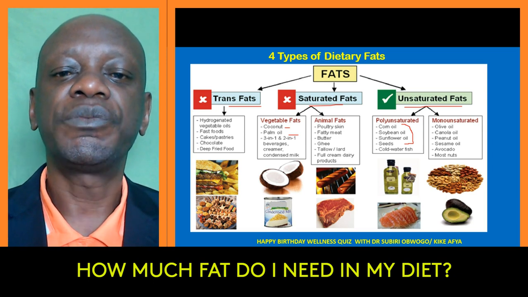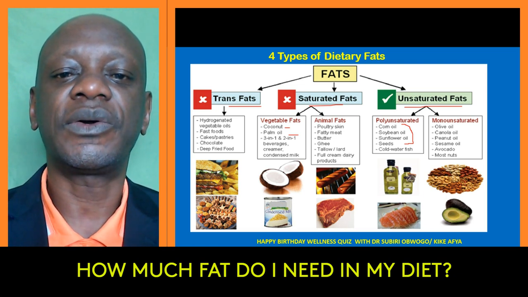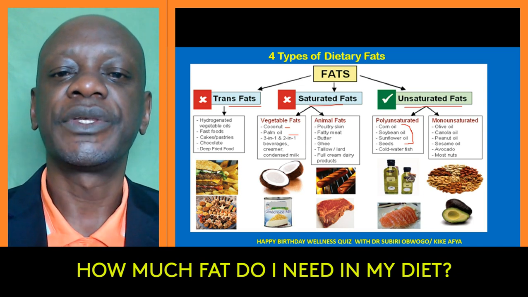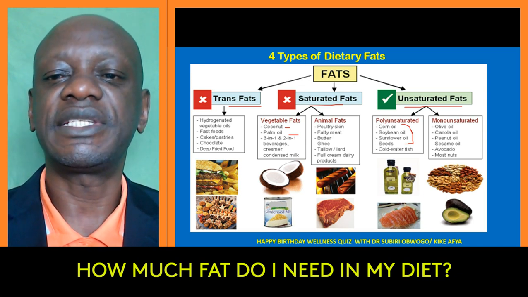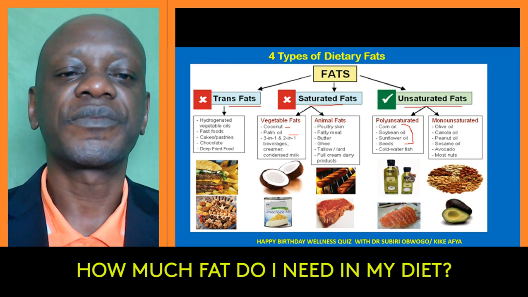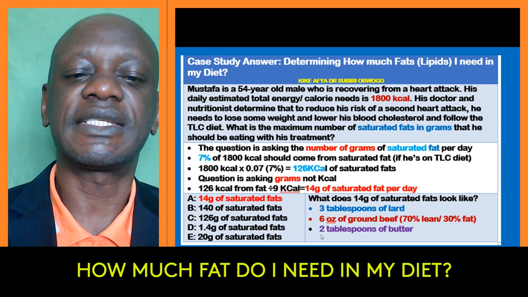Monounsaturated are also called the omega-9 and include things like olive oil, canola oil, peanut oil, sesame, avocado oil, and most nuts. These are also very healthy types of oils. So what you want to avoid is trans fats, limit saturated fats, and replace saturated fats with unsaturated fatty acids in the diet.